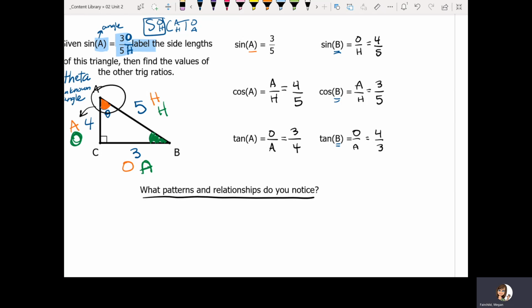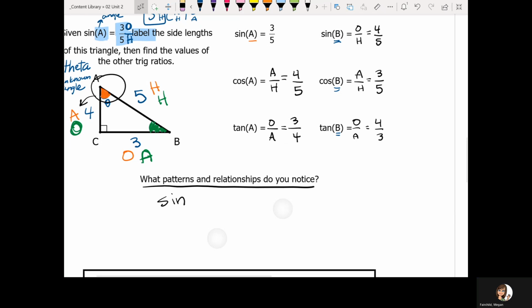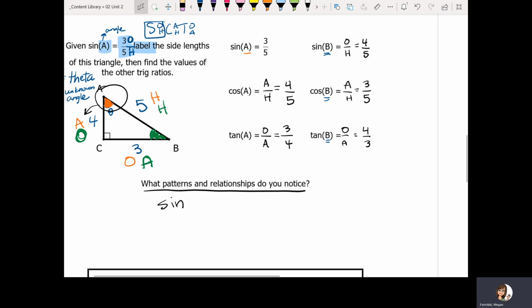All right, Archer, what do you notice? Well, there's 2 of the same numbers. Yeah, which ones are the same? Like, tell me in terms of sine or cosine or whatever. What do you notice? Which ones are the same? Tell me the numbers that are the same.